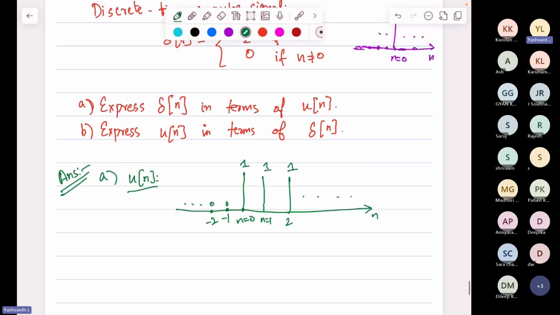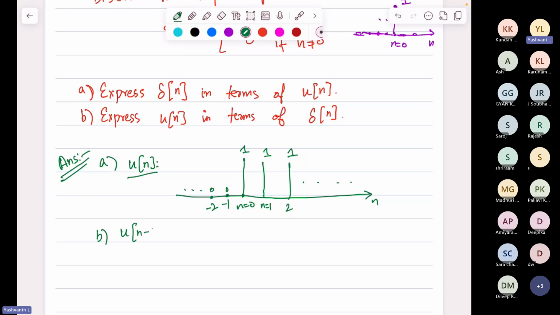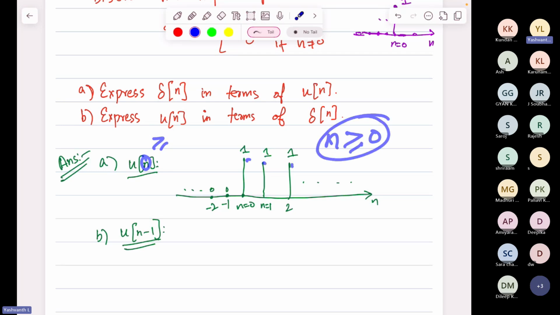N equal to minus 2, 0, and so on. Now, consider u of n minus 1. Someone asked me at the start of the class what the delayed version of the signal is, right? Now, this is the delayed version. How will u of n minus 1 look like? Remember, how do you define u of n? Whenever the argument n is greater than or equal to 0, you get a 1.